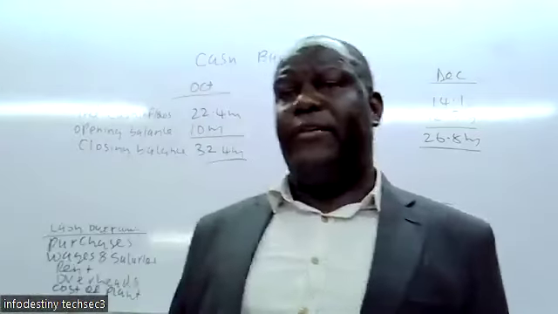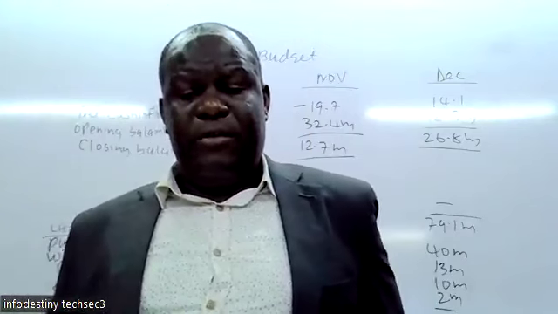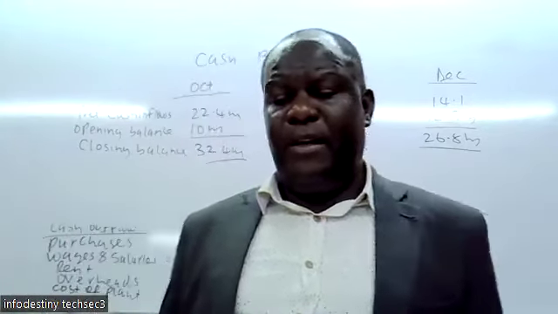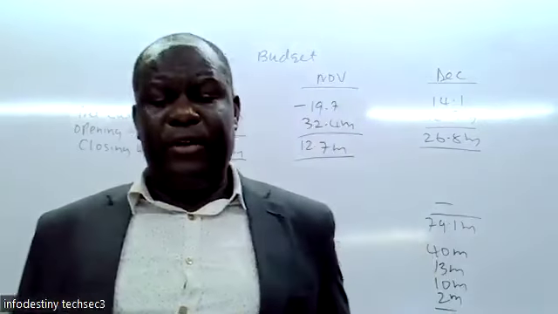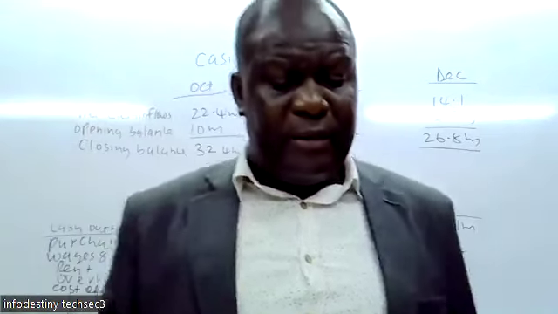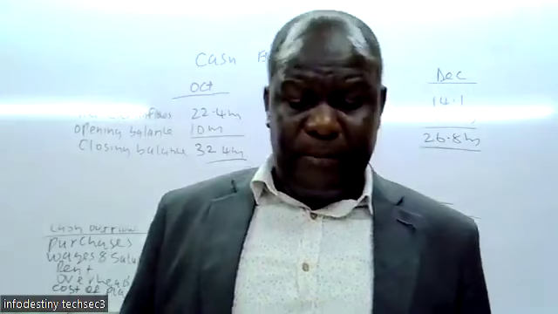Mine's on page 73. When you check on page 73, you'll get that question 1, part B. Explain the following theories in relation to the valuation of the financial assets.